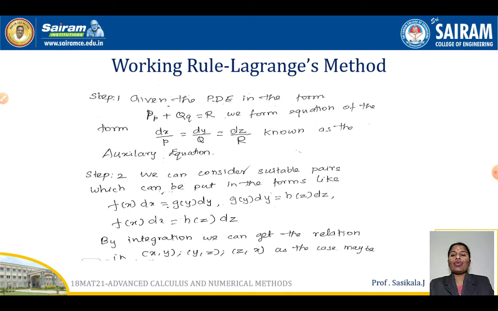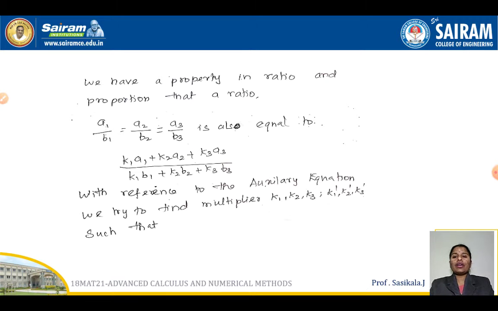You can have one more approach in step 2. You can use the property of ratio and proportion: A1 by B1 is equal to A2 by B2, which is equal to A3 by B3, which is also equal to K1 A1 plus K2 A2 plus K3 A3 by K1 B1 plus K2 B2 plus K3 B3.